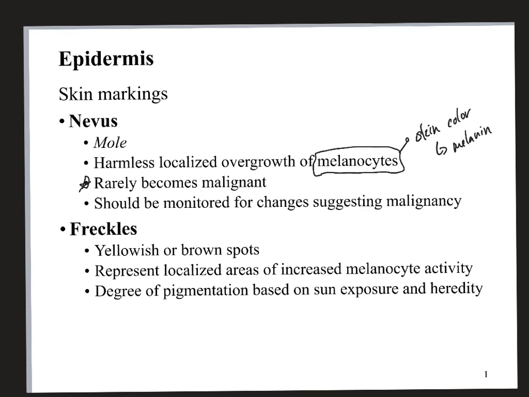But in some cases, they do become malignant, and a dermatologist will continually check moles, body skin markings for changes. And there's a thing called an ABCD rule, okay, to check for skin cancer.